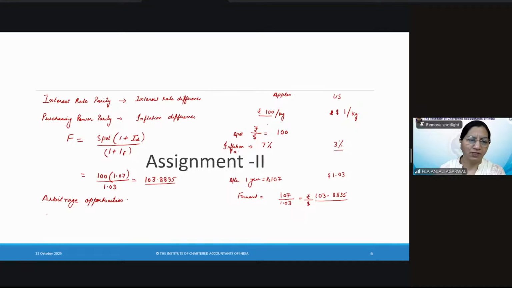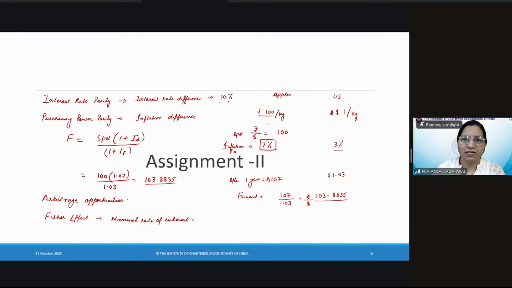There is one more concept which is called the Fisher effect. So basically, we do understand what is the nominal rate of interest. Here, let's say this 7% prevailing in India is basically the inflation. And let's say the rate of interest in India is 10%.